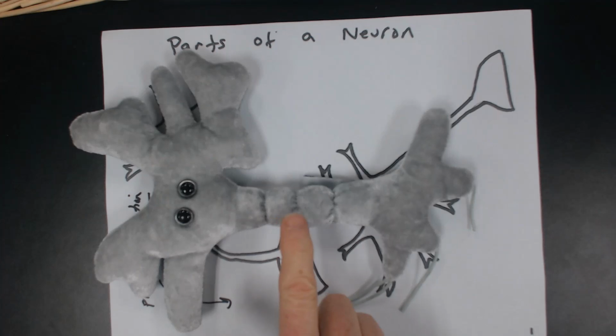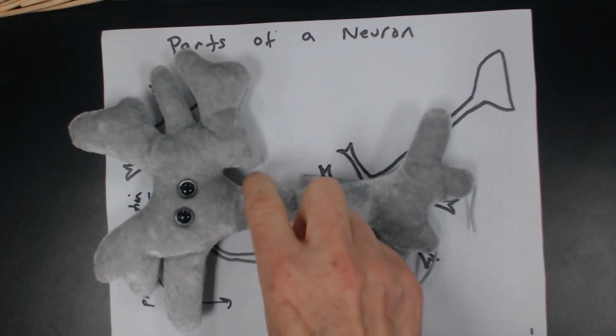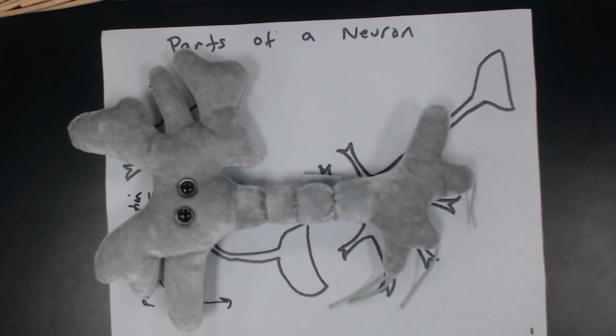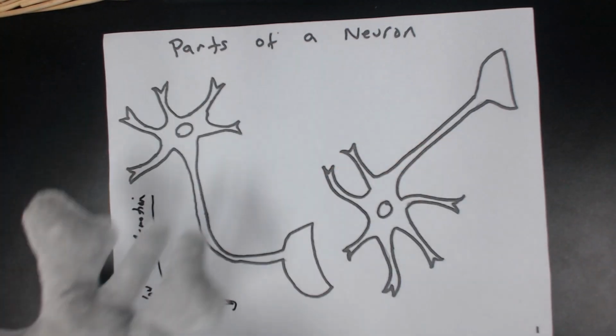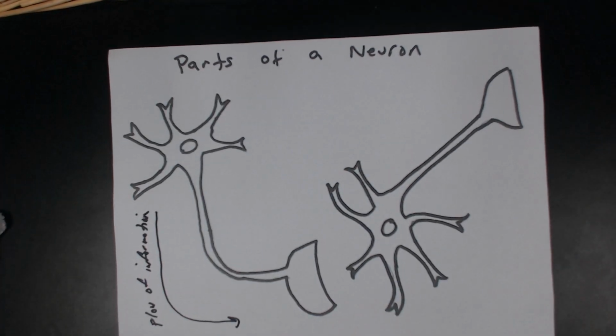He also has some rings. That's intended to designate that there's a special fatty coating on the outside. Does anybody know what that's called? Myelin. Yeah, those are myelin sheaths. Good.